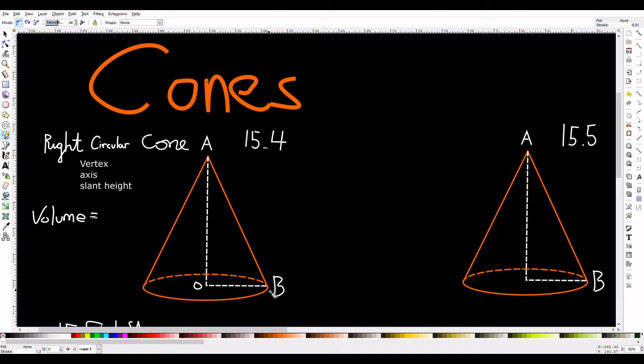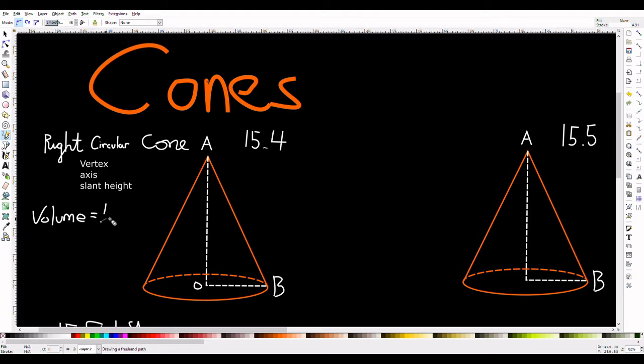The volume of a cone is similar, if not exactly the same, to the volume of a pyramid. If you recall, to find the volume of a pyramid, we take 1/3 the base times the height. Since on our cones the base is a circle, the area of the base is pi r squared, and the height will still be h.